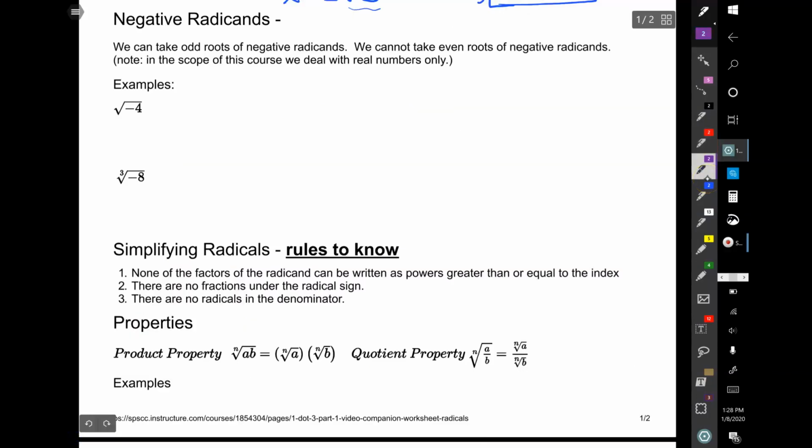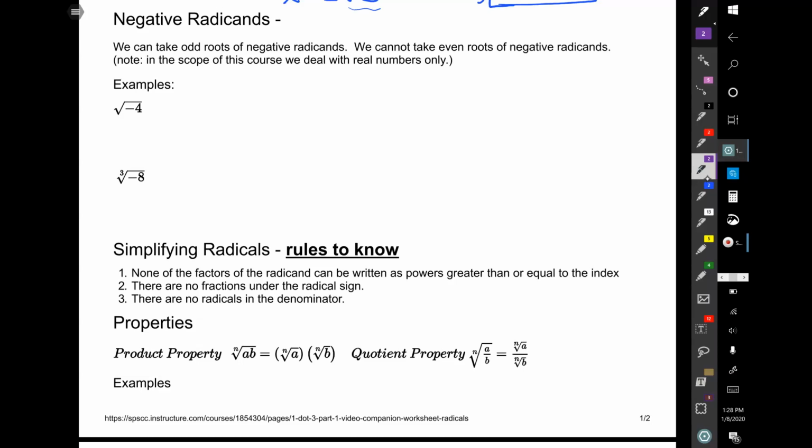Now let's take a look briefly further down the page. We have negative radicands. We can take odd roots of negative radicands. We cannot take even roots of negative radicands. In the scope of this course, we deal with real numbers only. So for this example, I have the square root of -4.